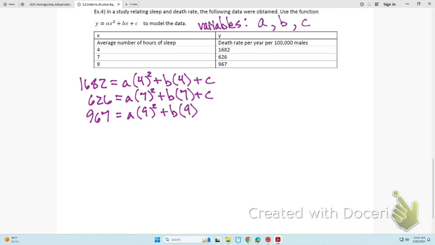And I'm going to solve this system just like I did earlier for A, B, and C. Now, if you want to rewrite or skip that step that I just wrote and instead write 16A plus 4B, 49A plus 7B, 81A plus 9B, that'll look a little better. So I'm actually just going to rewrite it down here.